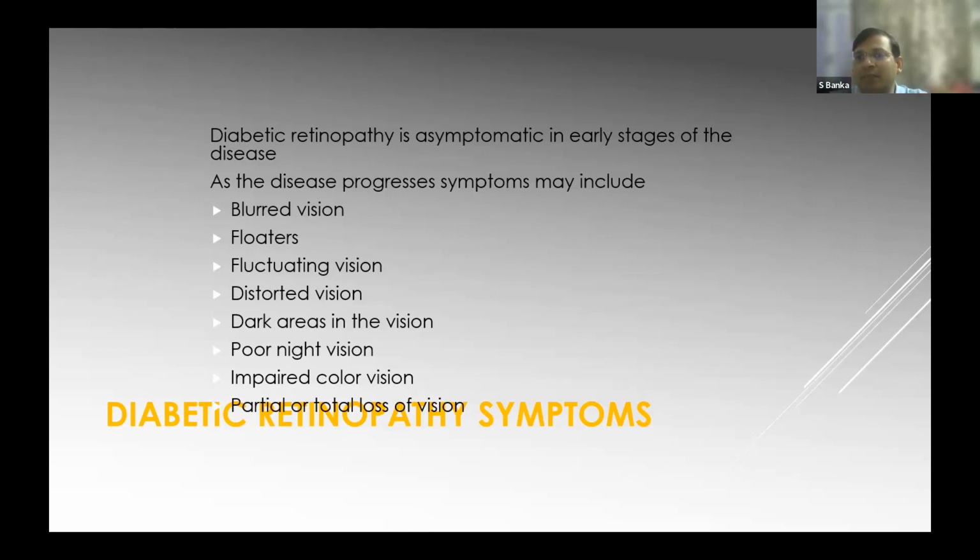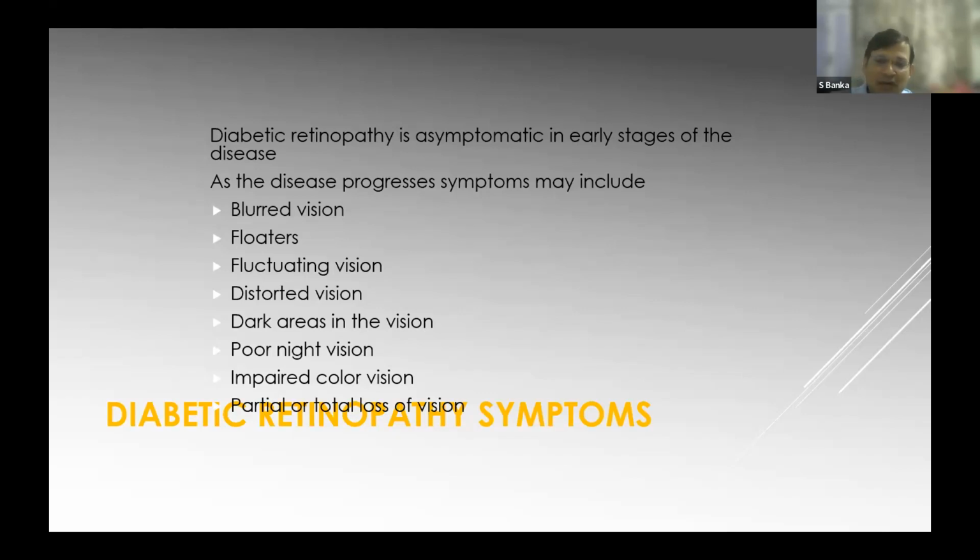The complaints which they may get after they get a complication of macular edema or vitreous hemorrhage are related to blurring of vision, fluctuation of vision, floaters, distorted vision. Sometimes macular edema can cause elevation of the fovea, which makes the vision distorted.